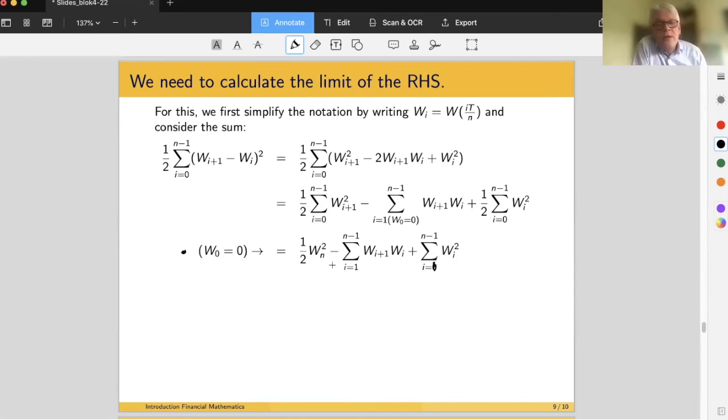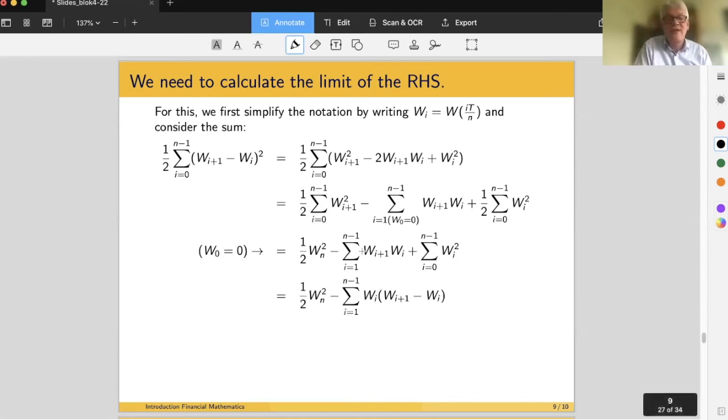Now, looking at this carefully, we can combine these two, right? We can combine these sums, take the w_i out, and then the first term just stays there, and what remains is minus the sum, i runs from 1 to n minus 1.